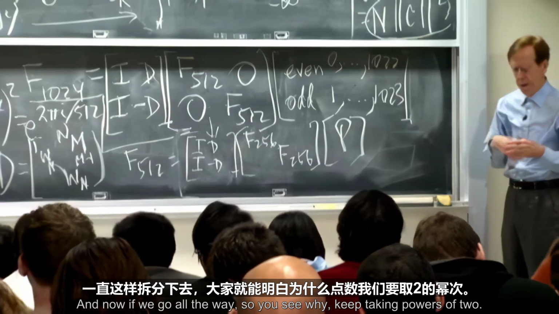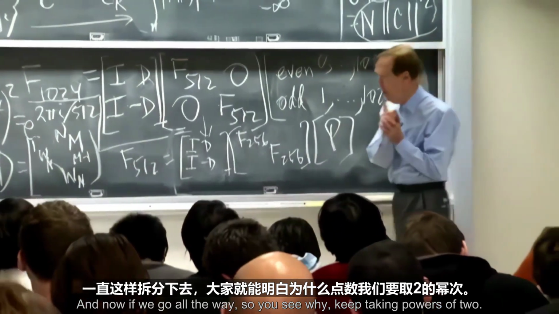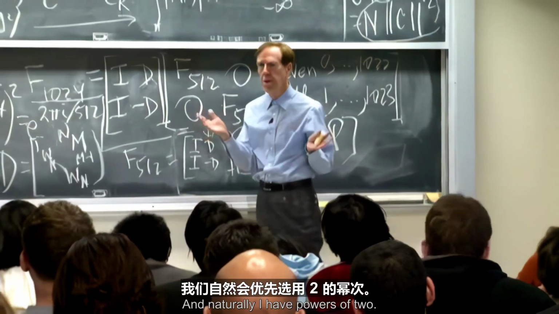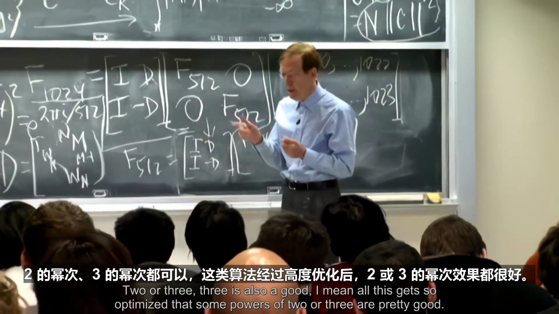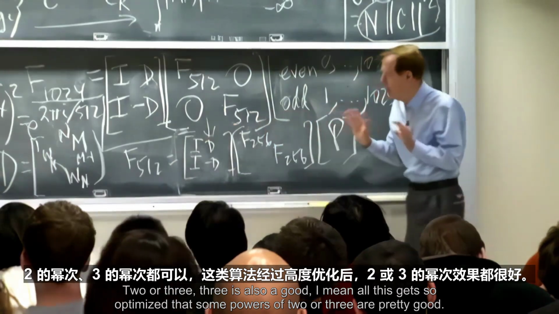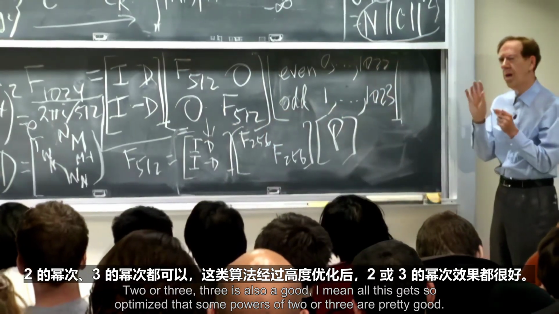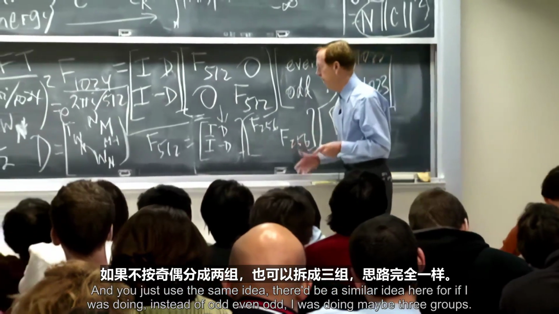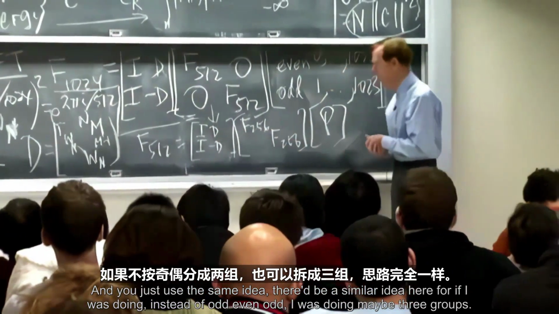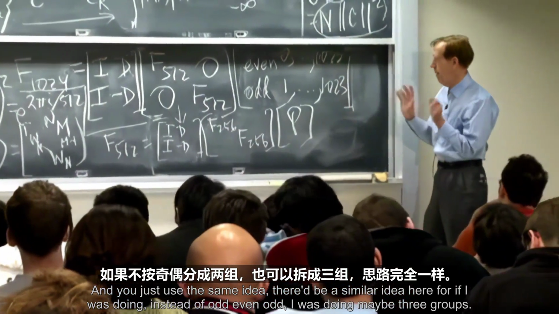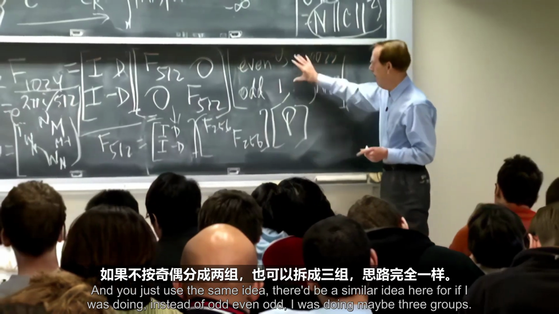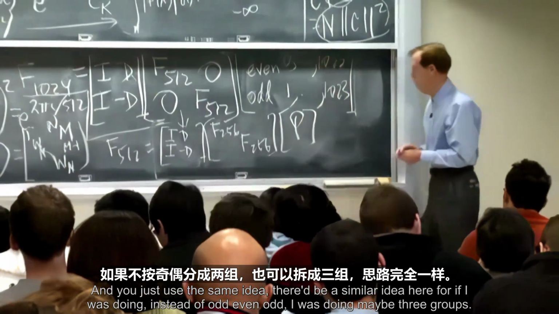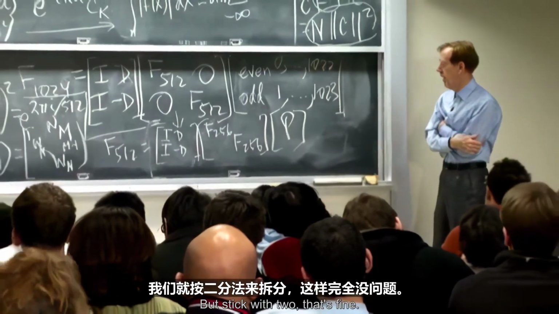And now, if we go all the way, you see why I keep taking powers of 2. Powers of 2 or 3 are pretty good, and all this gets so optimized. You just use the same idea. There'd be a similar idea if I was doing, instead of even and odd, maybe 3 groups, but stick with 2, that's fine.